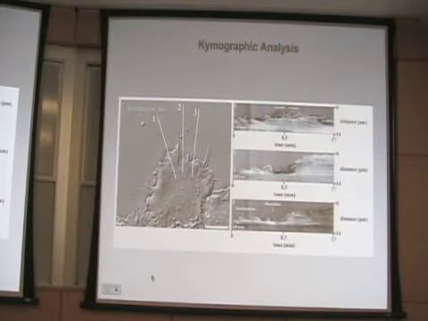In addition, we performed kymographic analysis to get further information about leading edge activities. So here we have a DIC image of a keratinocyte.